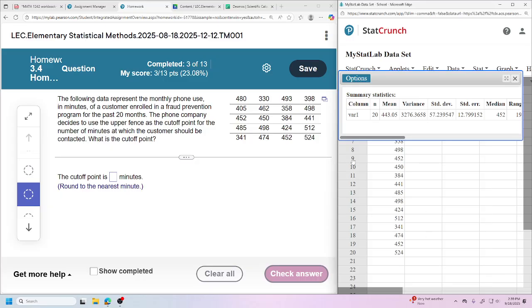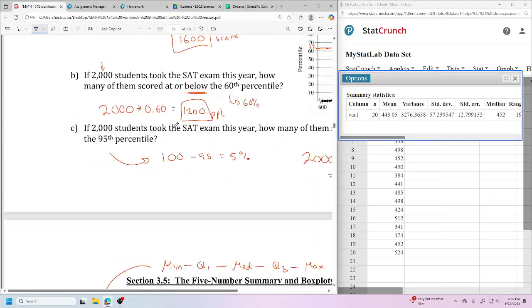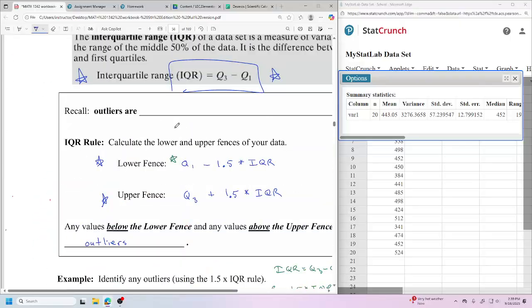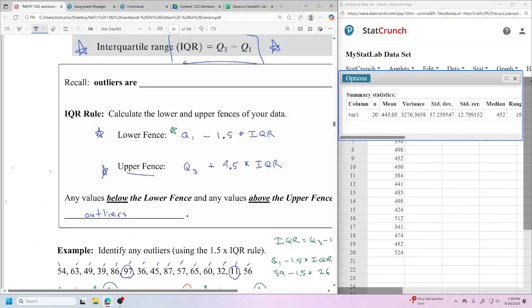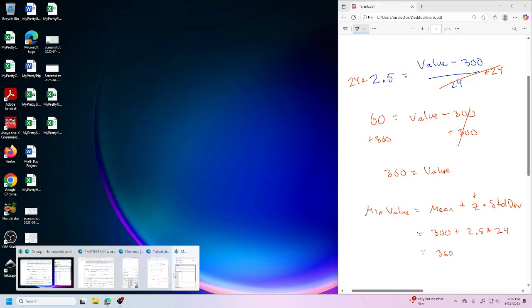So it says, what is the upper fence? Didn't we have a formula for that? Let me go back to it. Upper fence. Oh, there it is. Look. So that's this Q3 and so on. Exactly.